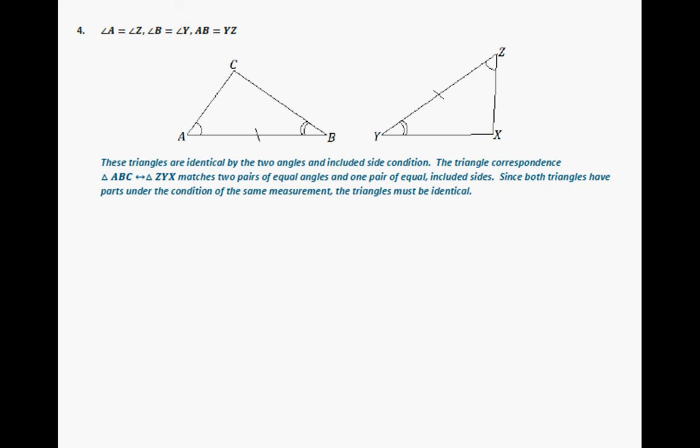Since that's one of our conditions, these have to be congruent or corresponding triangles, and this is how we would draw it. The order that we would describe this is ABC corresponds with ZYX. And again, as long as you tick your arc marks, A should be the same as Z, B should be the same as Y, and AB should be the same as YZ.